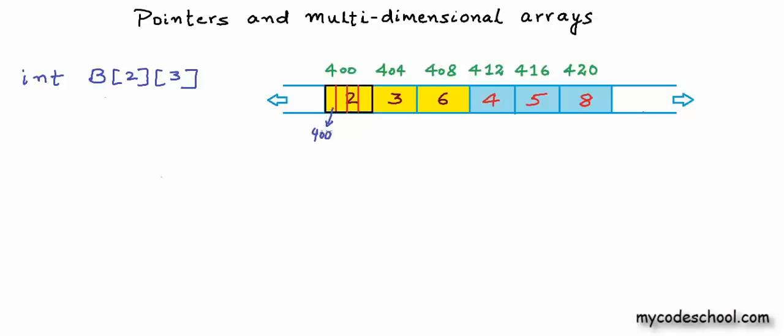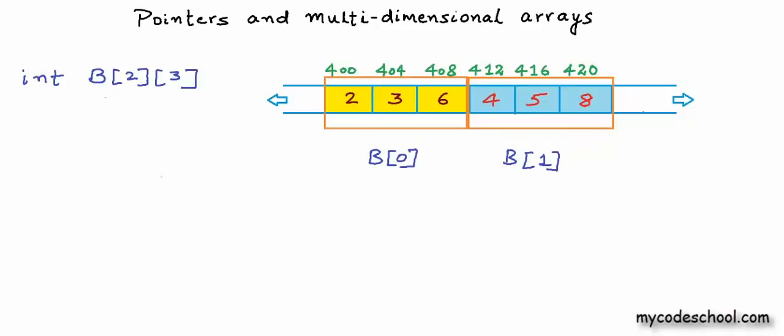Let's say each partition here is 1 byte. So the next byte has address 401, and the next one has address 402, and the next one has address 403. Overall, this first block of 12 bytes that contains these 3 integers 2, 3 and 6 that I'm showing in yellow here is my first one-dimensional array that I can call B0, and this next block of 12 bytes is my second one-dimensional array of 3 integers that I can call B1.